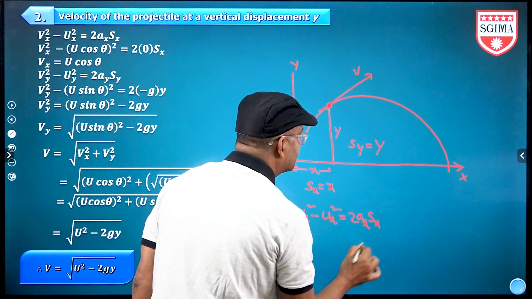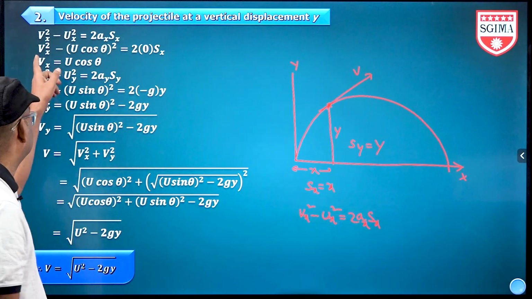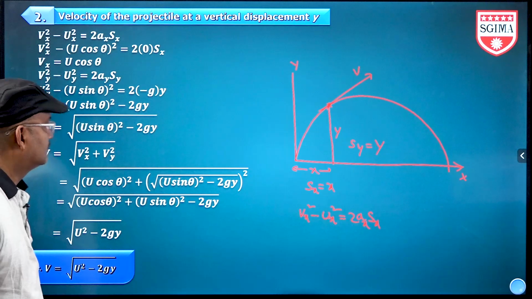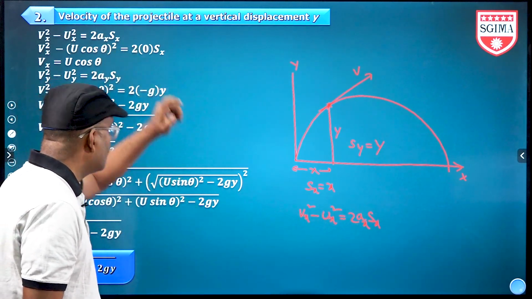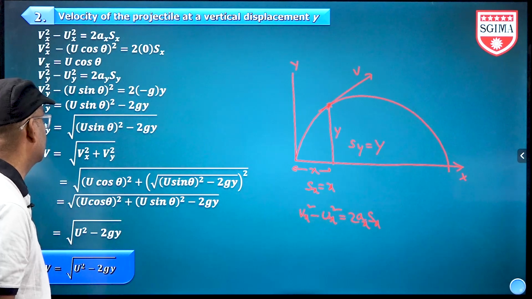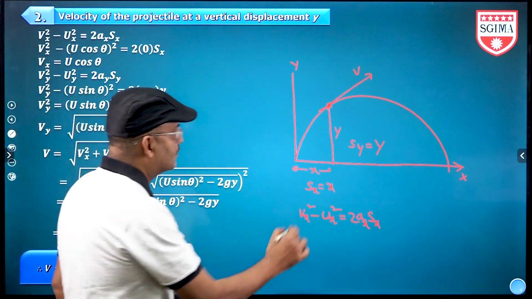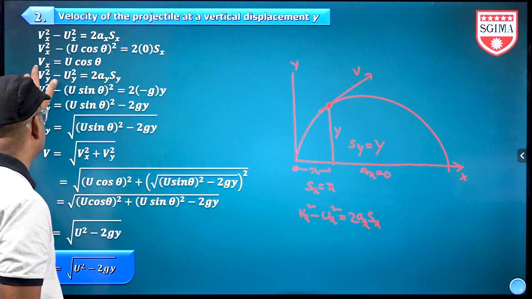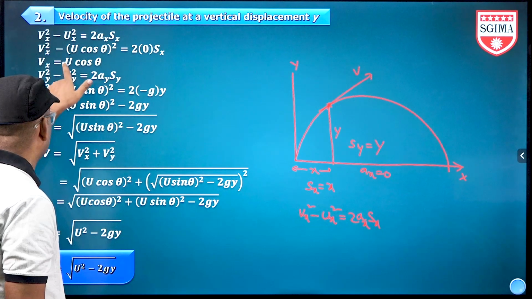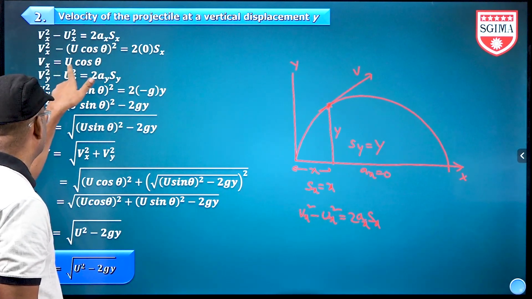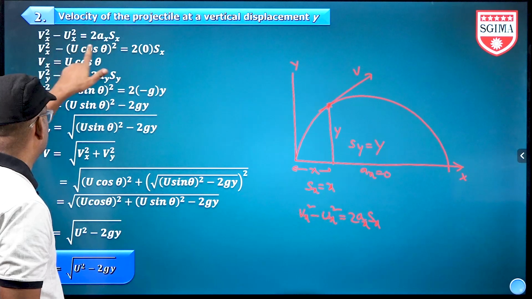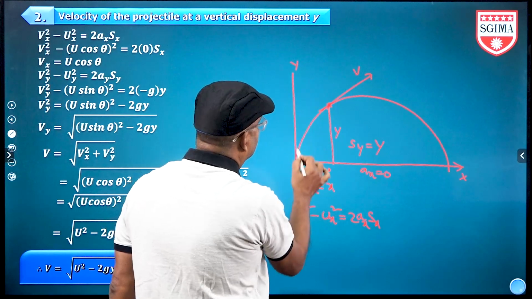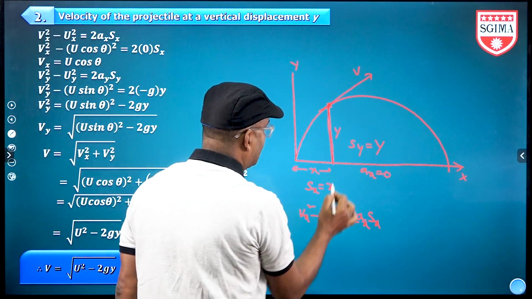So, along x, Vx square minus ux square, where ux is u cos theta, is equal to 2 ax sx. But ax is 0 along the horizontal direction, acceleration is 0. So, Vx is equal to u cos theta, because this square will cancel.